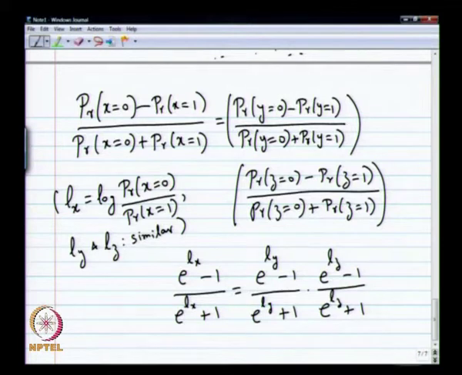So now if I divide the 2, I get tan hyperbolic x. Now if you cross multiply by e power x, you will get e power 2x minus 1 by e power 2x plus 1. So this becomes tan hyperbolic of Lx by 2, this becomes tan hyperbolic of Ly by 2, this becomes tan hyperbolic of Lz by 2.